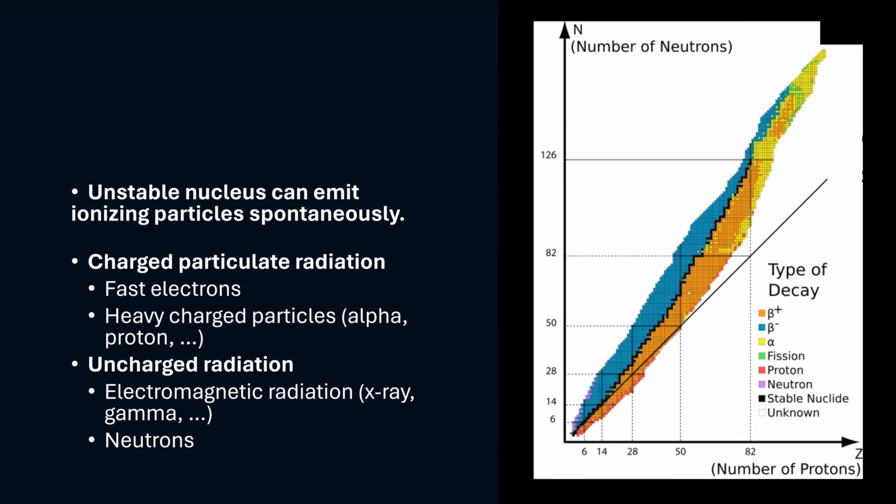And here, when the nucleus is unstable, it releases radioactivity, and there are 2 types of radiation. There are charged and uncharged. Charged is, for example, electrons and protons or alphas. Uncharged is like gamma and neutrons.